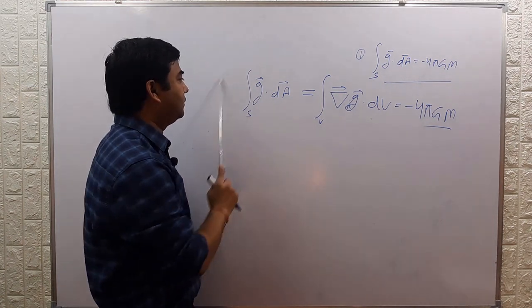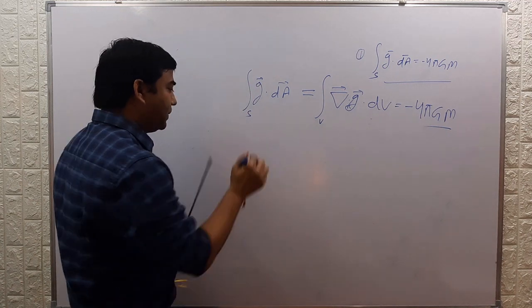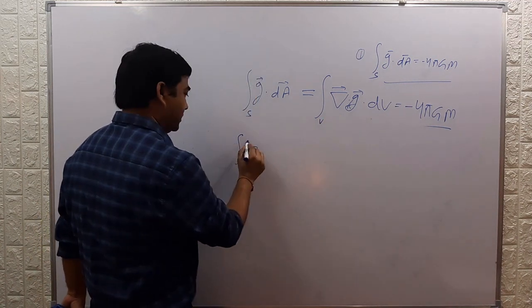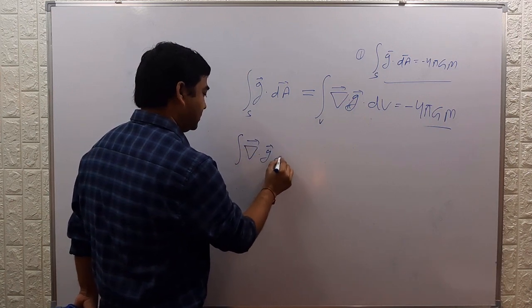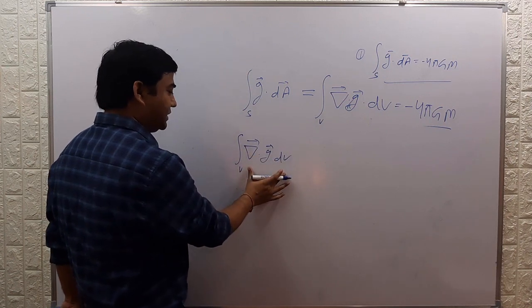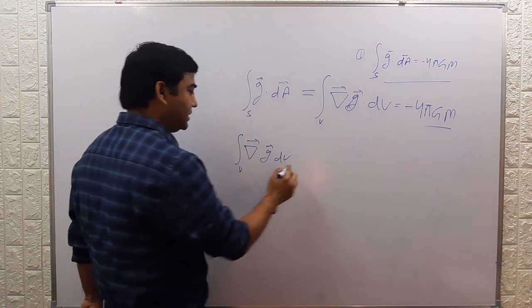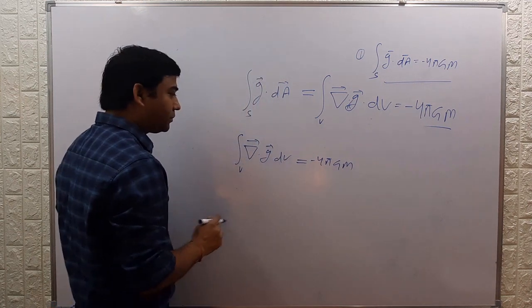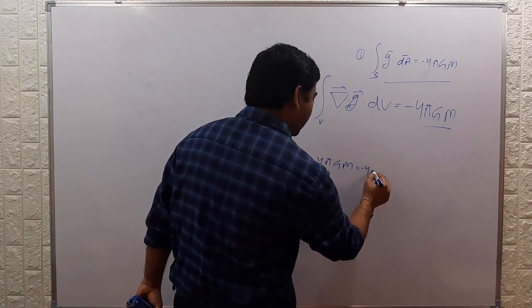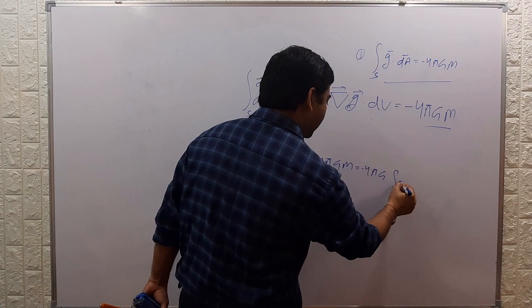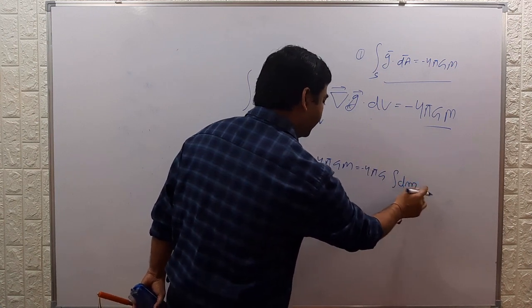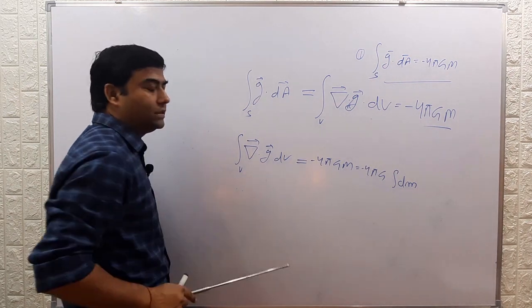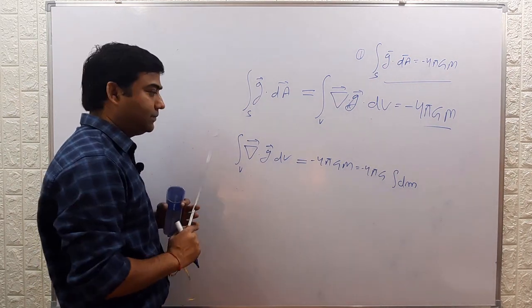By comparing this part with this, the second part, you can see the divergence part: divergence of gravitational field through a Gaussian surface equal to minus 4 pi Gm, and this can be written as minus 4 pi G integral of dm, since total mass can be written in terms of the integration of dm.